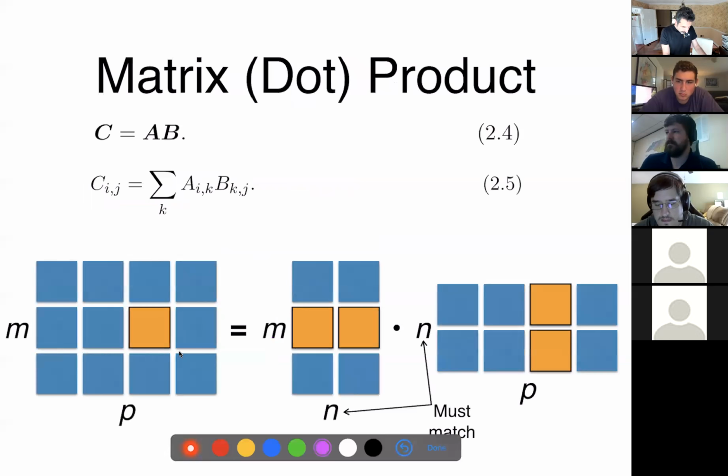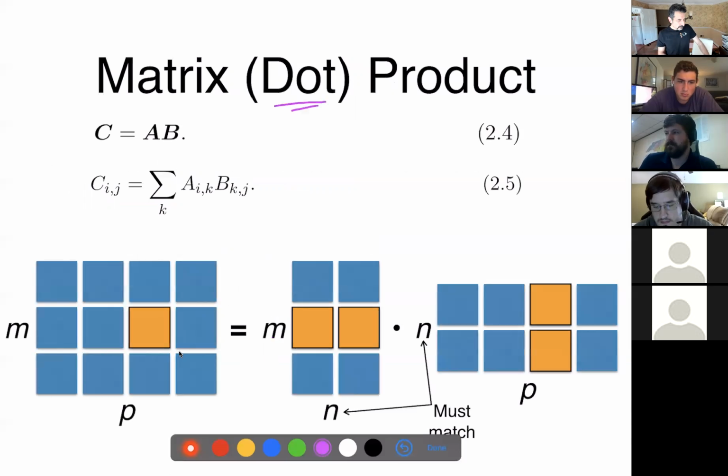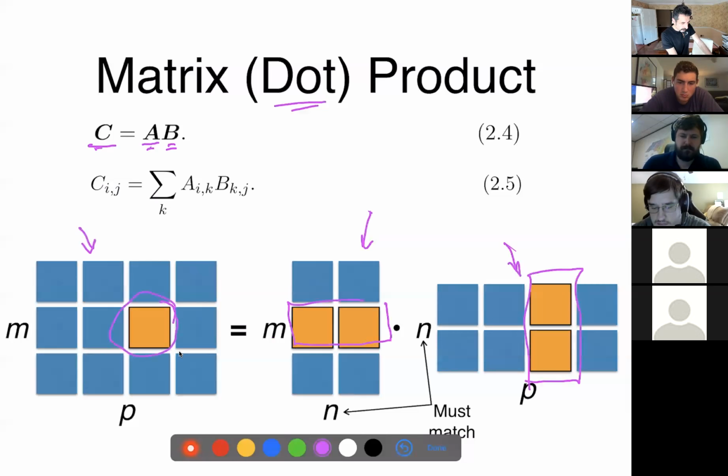And let's talk a little bit about the matrix or dot product. Very simple. If you have two matrices, A and B, in order to calculate C, for a specific cell, you retrieve one specific row, row i, and a specific column, and then you multiply them.